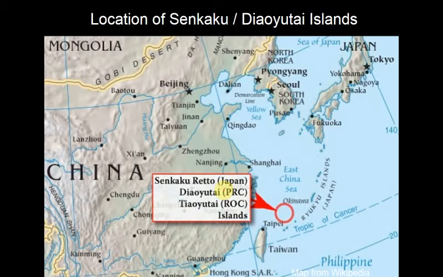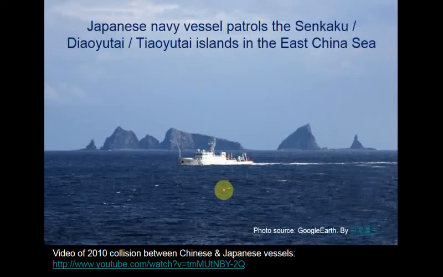Then in the peace treaty between the United States of America and Japan, the islands were recognised as being Japanese territory, but mainland China and Taiwan refused to recognise that and claimed the islands as theirs. And this is a Japanese patrol vessel patrolling it. And if you go onto the internet and search for the islands, you'll see all of these YouTube clips about clashes between Japanese patrol vessels and Chinese fishing vessels going in, essentially trying to assert control.